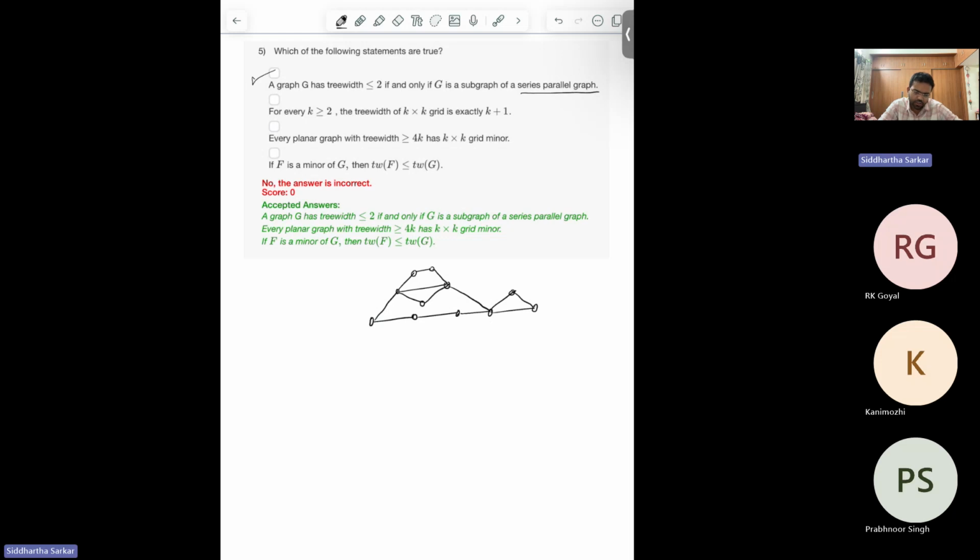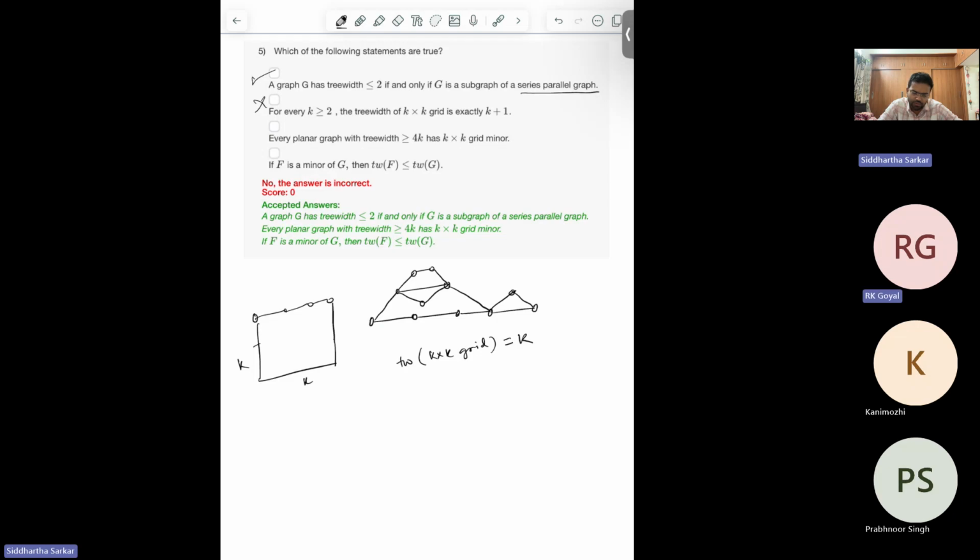And for a k cross k grid, the tree width of such a k cross k grid is exactly k. Whereas it is saying that tree width is exactly k plus 1, that is incorrect.